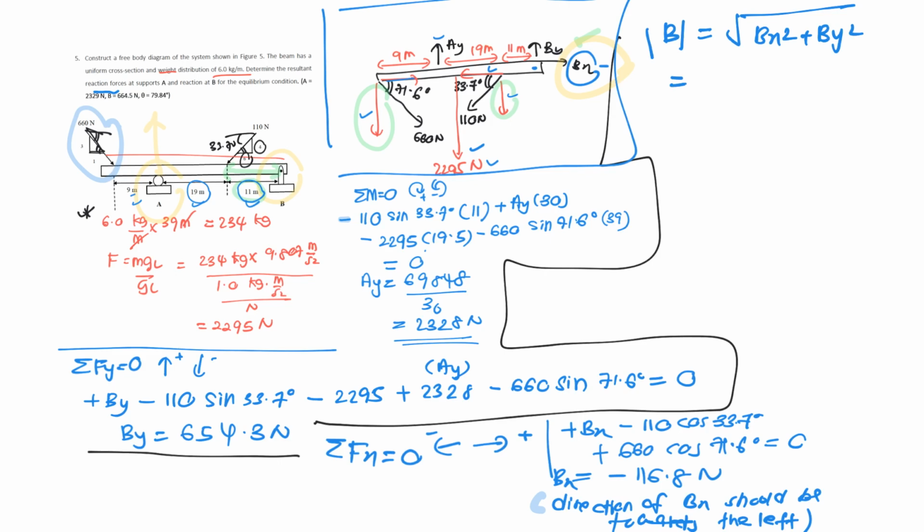So Bx is, okay, you can actually put the negative, or maybe you can actually put the correct direction. Right now my Bx is negative, which means that the true direction is to the left, and my left should be negative.